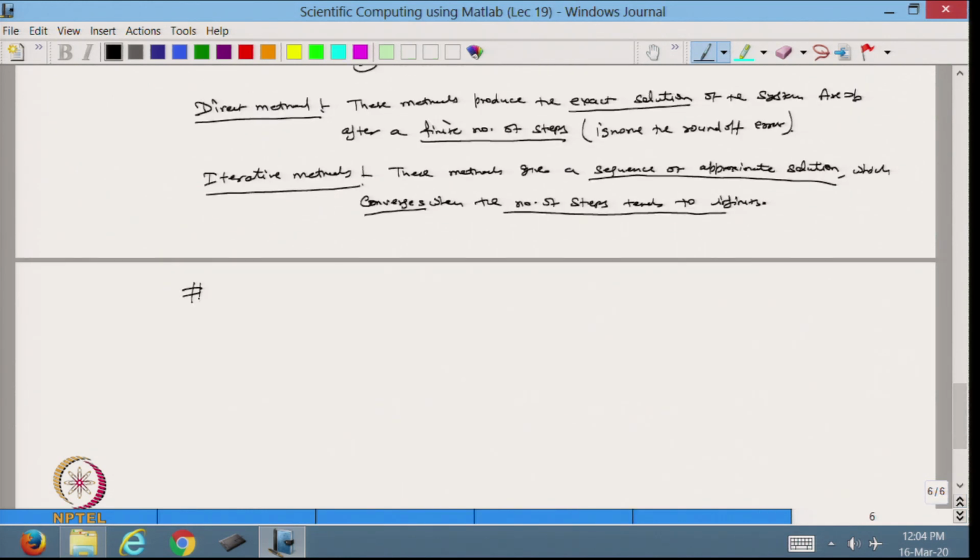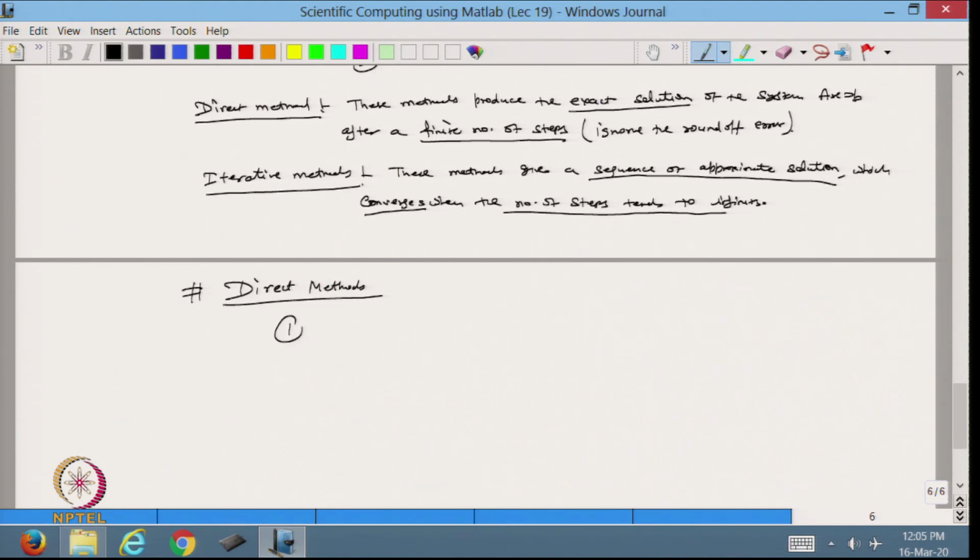So, let us start with the first one, the direct methods.